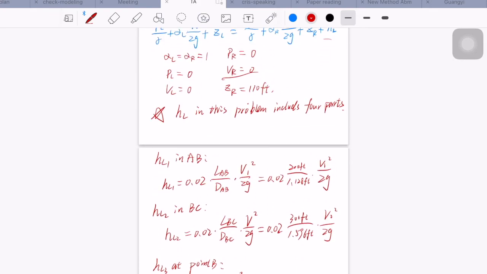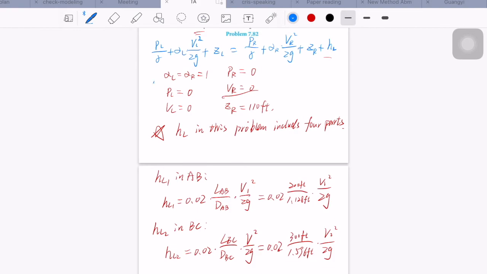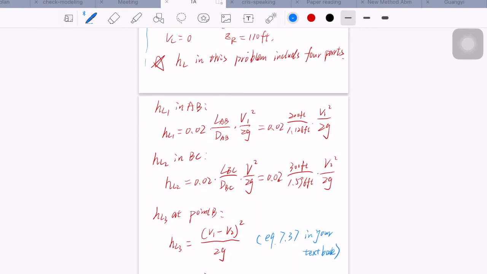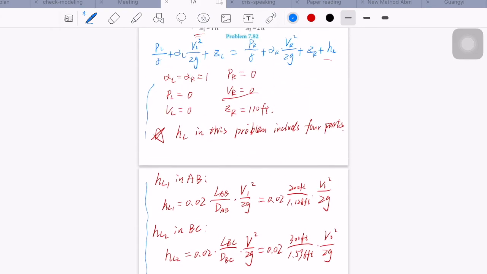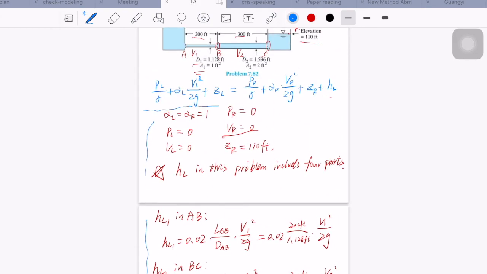And now we substitute all of this in this equation.